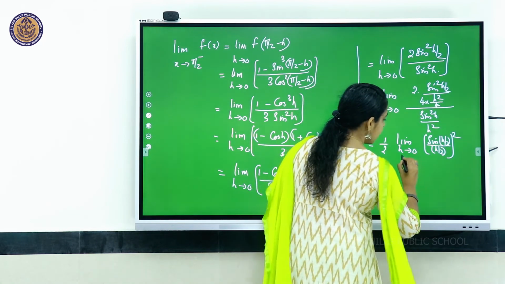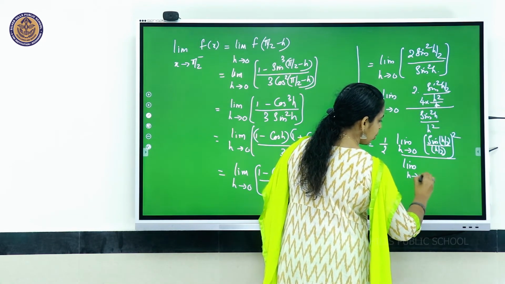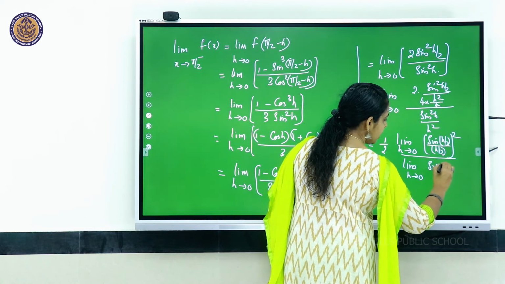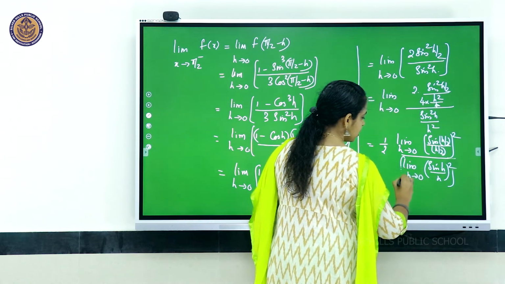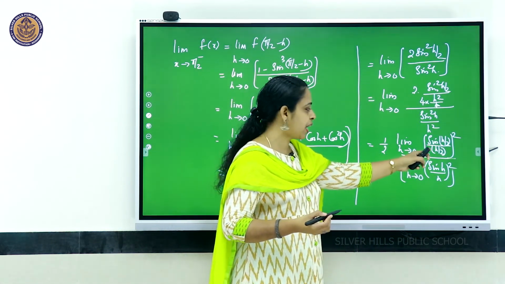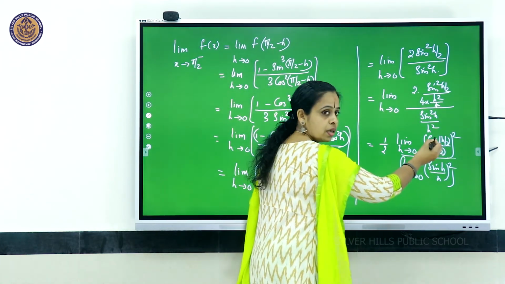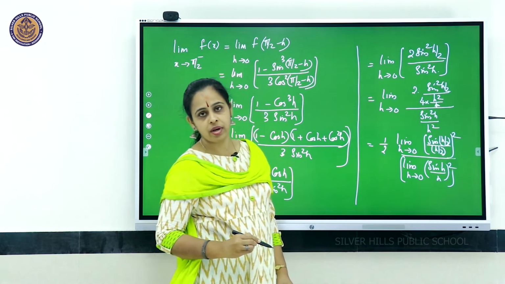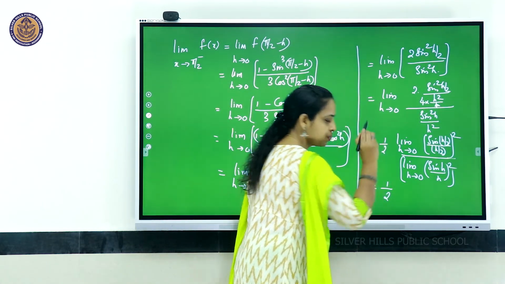Again, limit h tending to 0, (sin h by h) whole square. H is tending to 0 means h by 2 also will tend to 0. This part is 1, this part is also 1. So, you will get the value 1 by 2.